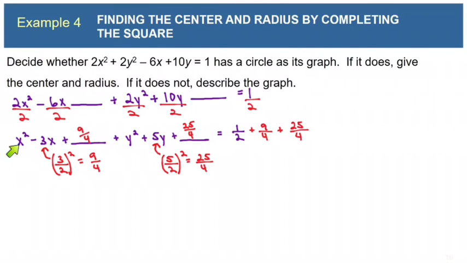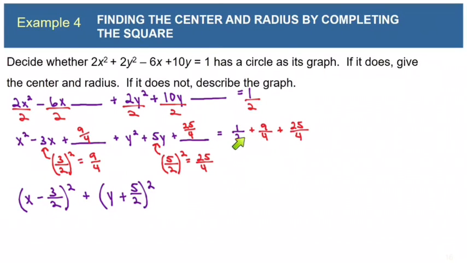We know it factors into x minus this square root, and that binomial is squared. And then we'll factor this one, and we know it factors into y plus this square root, and that binomial will be squared. And on the right side, we're going to add these fractions together.